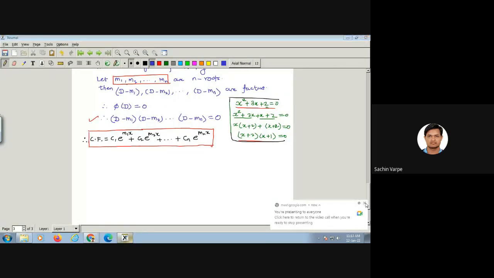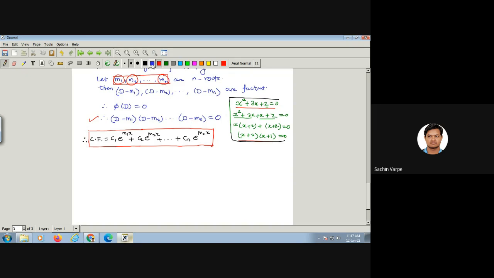So as we all know, the factored form of phi of d, that is d minus m1, d minus m2, and so on, d minus mn equal to 0. So each root, like suppose m1, will satisfy this equation. Yes or no? m1 will satisfy this equation, or m2 will satisfy the equation, or mn will satisfy the whole equation, this phi of d.